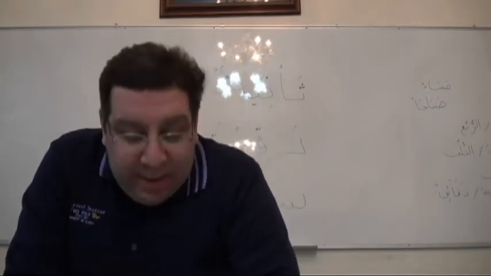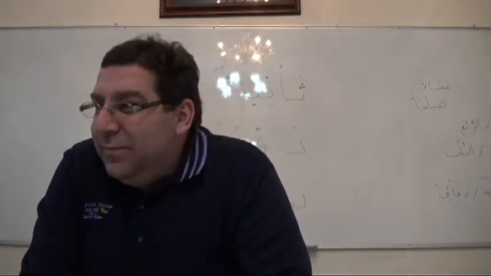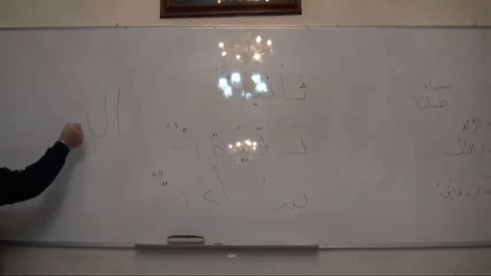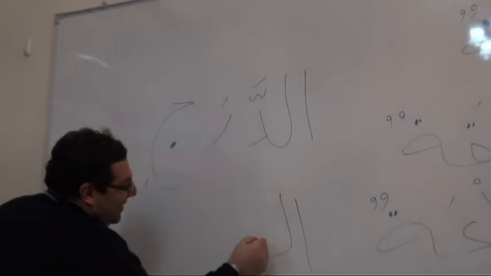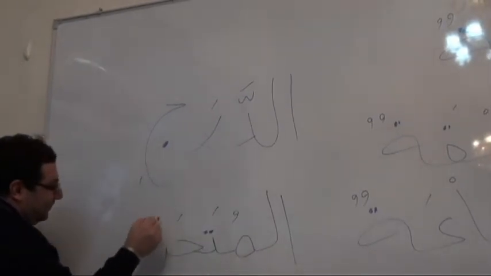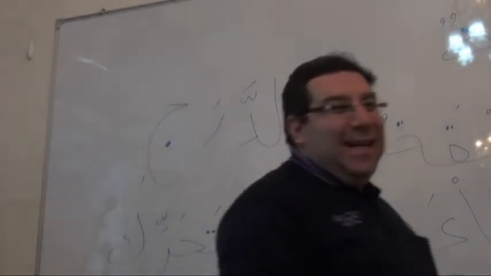Okay? Where أسفل. Then we have here الدرج. Is it clear? Then after الدرج we have المتحرك.